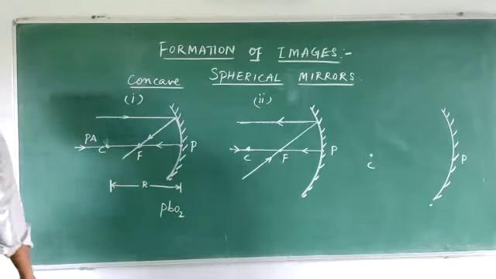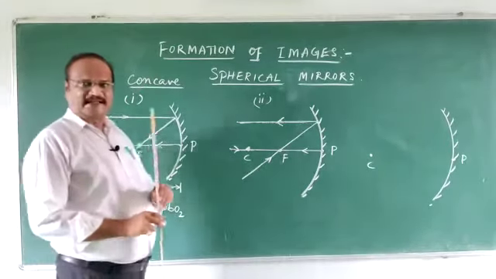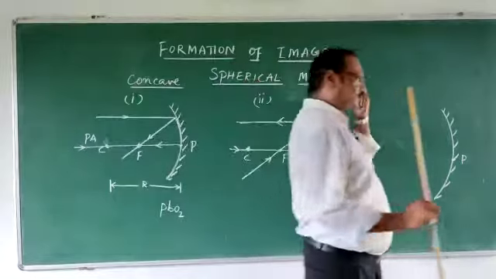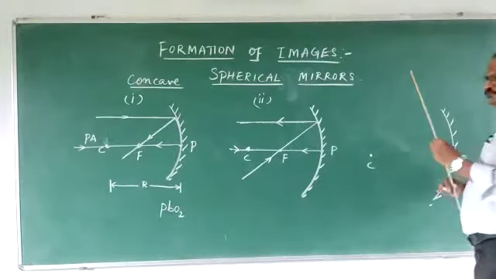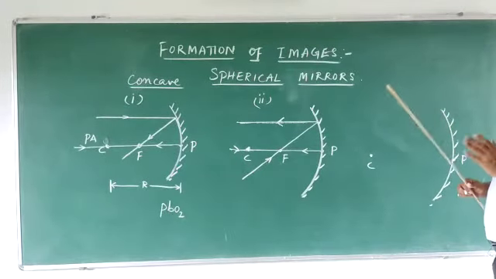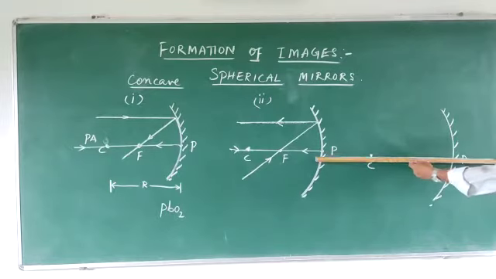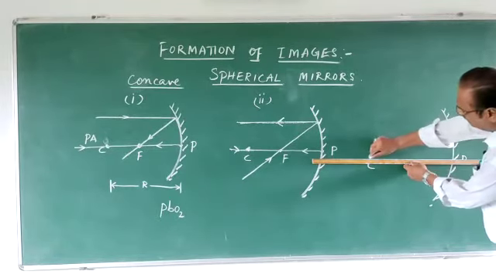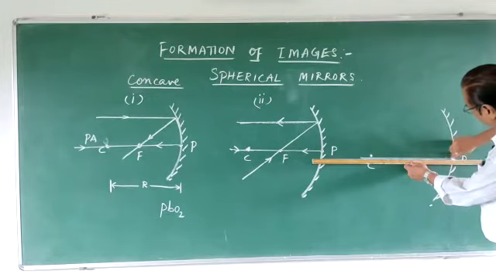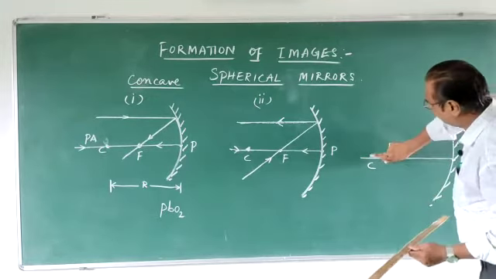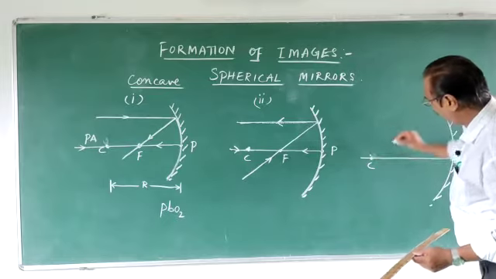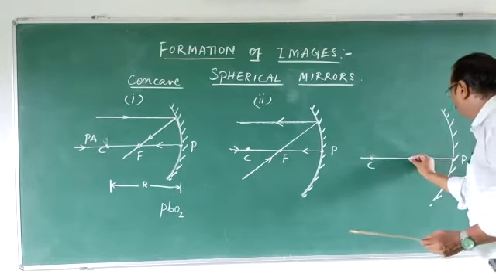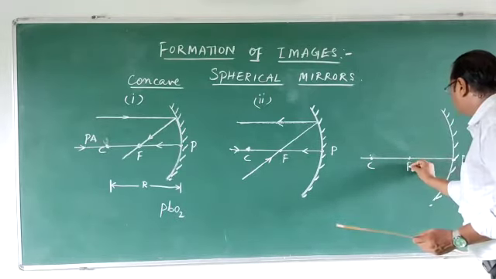So naturally you have to use a compass and a scale, and use them properly because they are all based on geometrical principles. Okay, so I draw the principal axis. Fine. And this is the center of curvature, and I know the middle of that is going to be the focus.